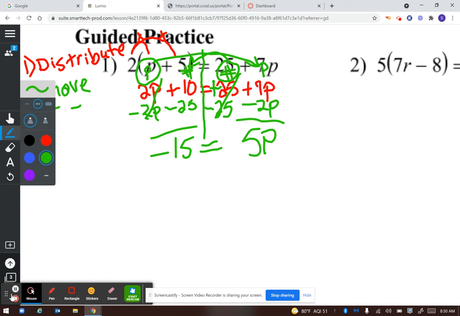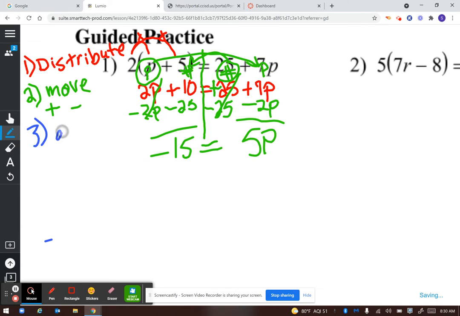Now the very last part is going to be divide. Step 3, divide. When you divide, you want to divide by the number with the variable.